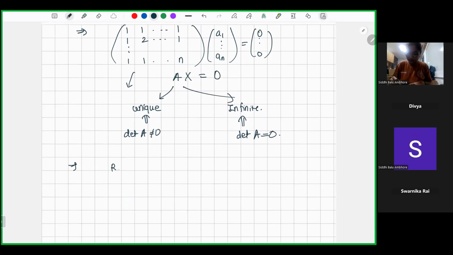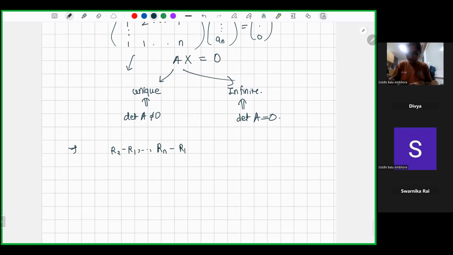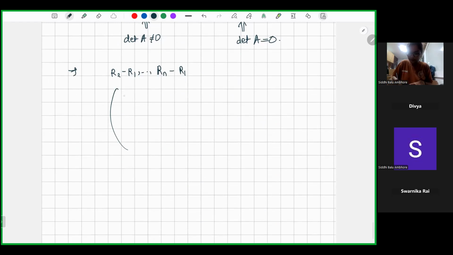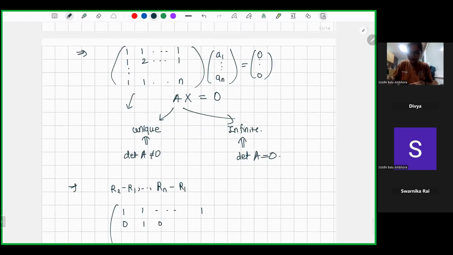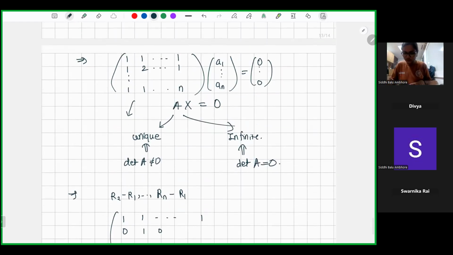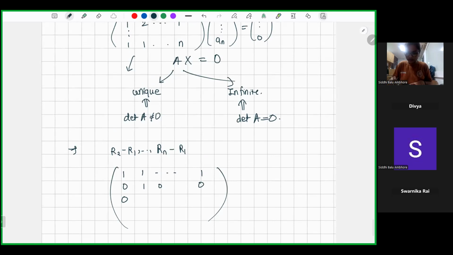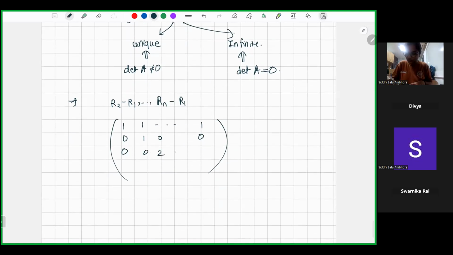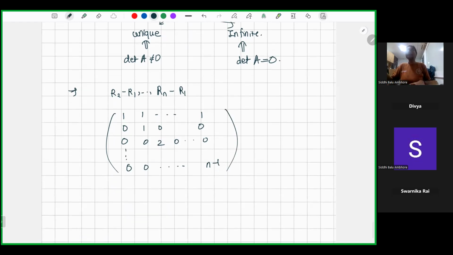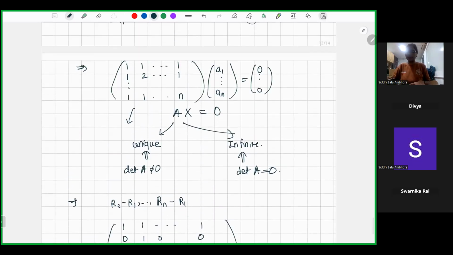If I do R2 minus R1 and all the way to Rn minus R1, then I will get this: 1, 1, everything here, then 0, 1, then 0, 0, 2, and the rest 0, and this will be n minus 1. If I'm making any mistakes, please let me know. In one go, this becomes an upper triangular matrix.